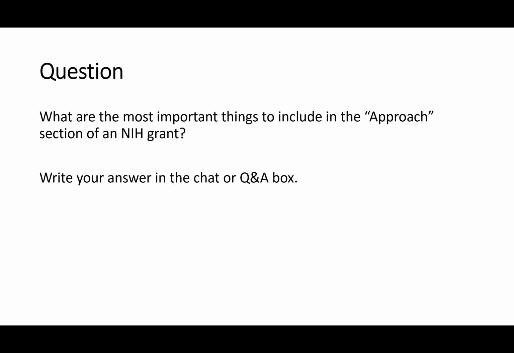I would say hypotheses are really important, that you want to have hypothesis-driven science. For each of your specific aims, having a very specific testable hypothesis is important, but you don't need to go into greater detail than that.